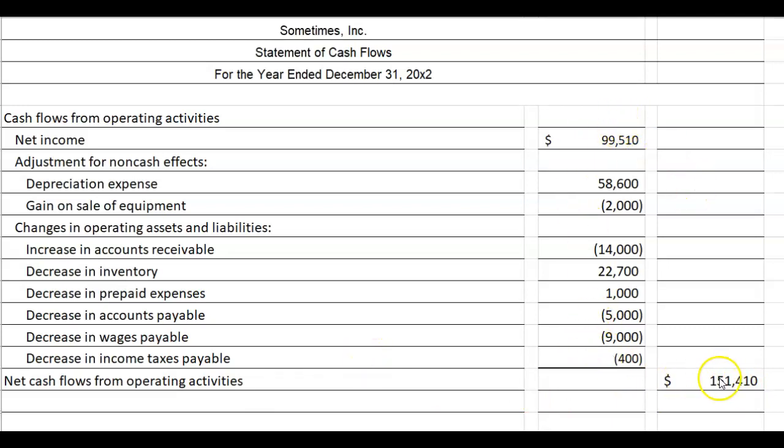So if you didn't get all these numbers right, go ahead and fix your spreadsheet before we go on. And once you have the spreadsheet correct, then prepare the cash flows from investing activities section. So pause the video while you prepare the cash flows from investing activities section of the statement of cash flows for Sometimes Inc. Then start the video again to check your work.